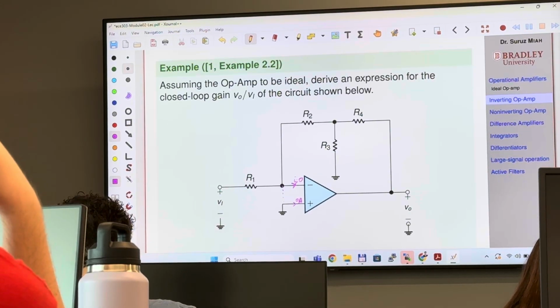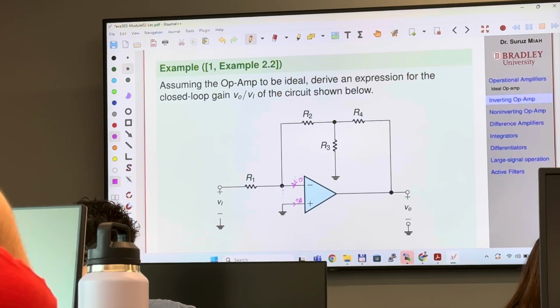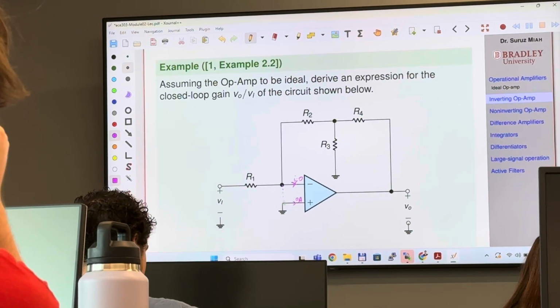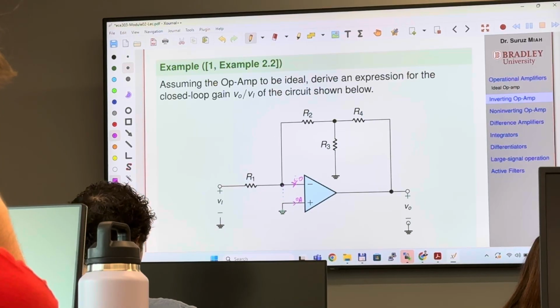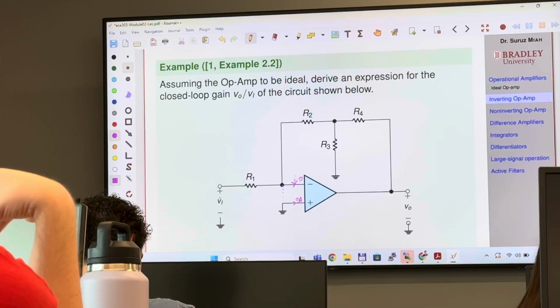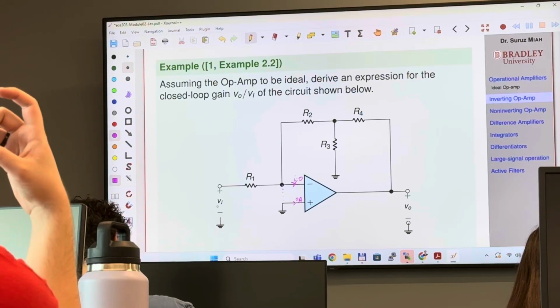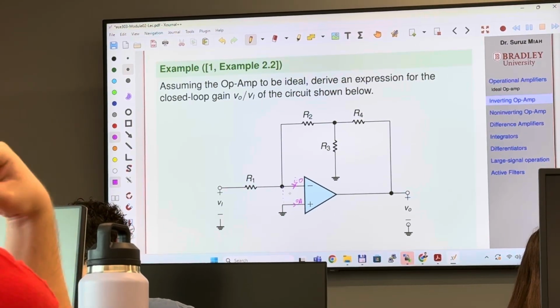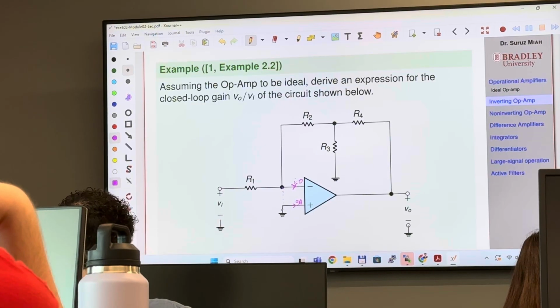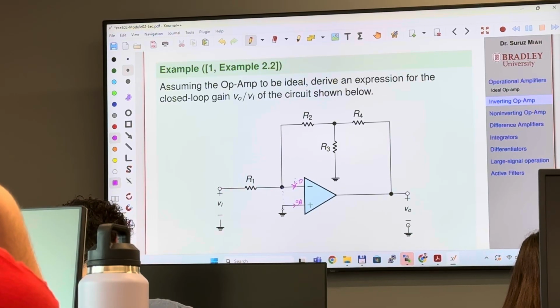Because these two terminals are virtually short, you can think of this as a series circuit with one voltage source and one resistance, and this terminal is connected to ground, so this terminal is virtually ground.